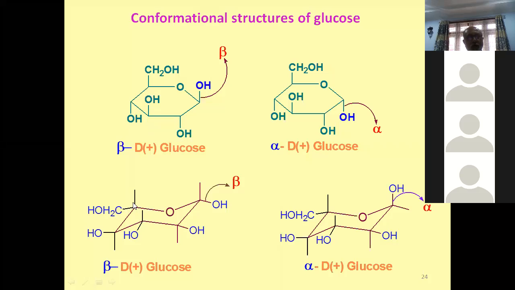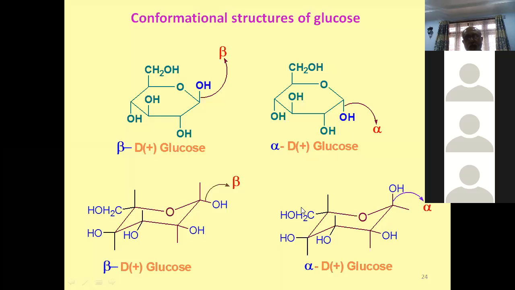Carbon number 5 here is bonded to the CH2OH group. It is kept in the equatorial position because that is a bulkier group, not in the axial position. So when we go to alpha, the two OH groups on C1 and C2 are going to be cis, so obviously this will go to the axial position.